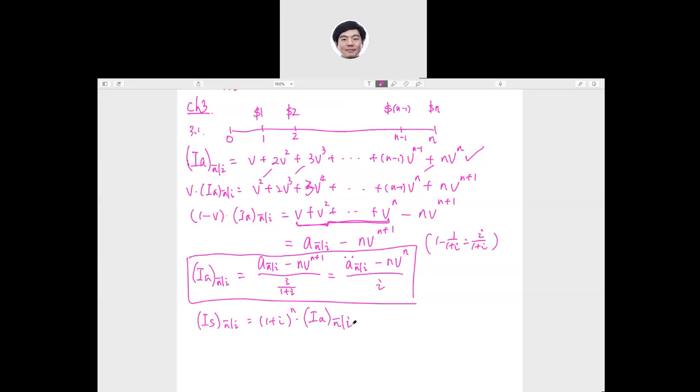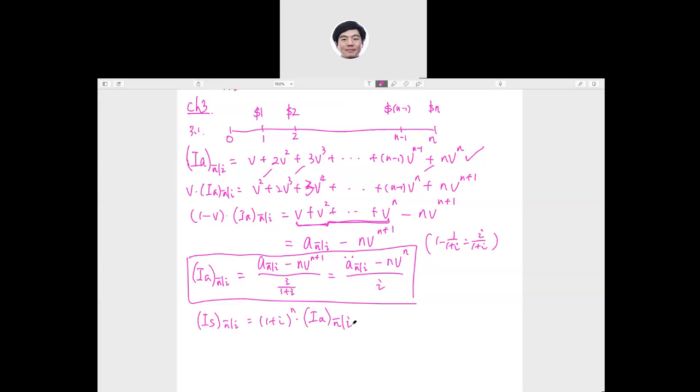There's no need to study the other side. As long as you know how to do summation, you know how to do subtraction. Knowing one is enough to know the other. The same here, (Ia) and (Is). Knowing one is enough to know the other. And we usually deal with present value. But if you are more comfortable with the future value, it's okay.